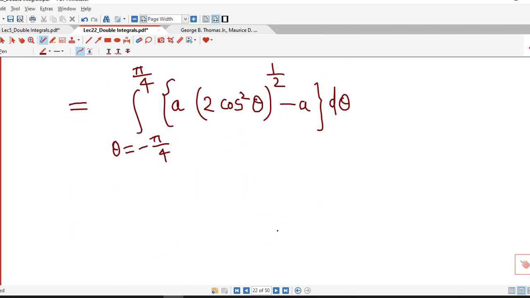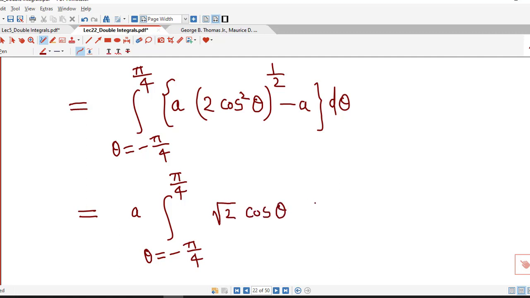Okay, fine. So now we again simplify this. We take a outside. A is a constant, so we can take it outside the integral. Theta is from minus pi by 4 to pi by 4. 2 raised to 1 by 2, that is square root of 2 into cos theta, minus 1, and the integration is with respect to theta.